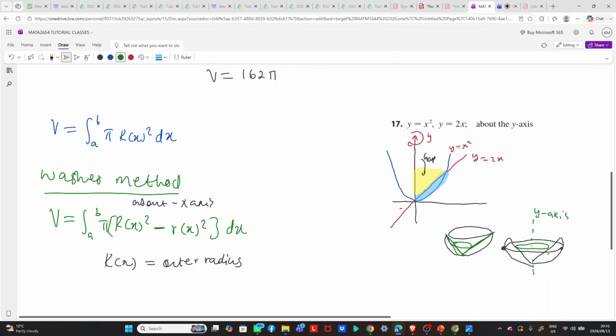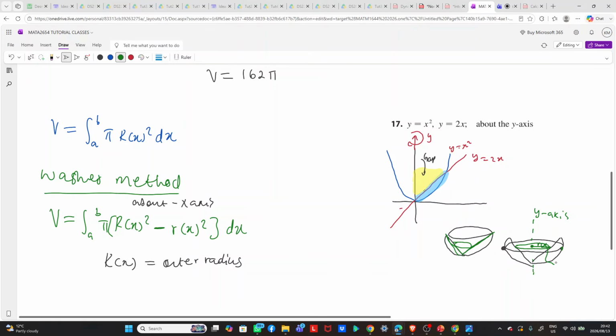This function y equals x squared is the one that is going to form the big circle. So this is the outer radius I'm talking about. Then the inner one is formed by the line y equals 2x. This small green circle that I drew is touching the function y equals 2x from here to there, so the radius of that will be from here to the center, to the axis of revolution. That will be your small r of x.